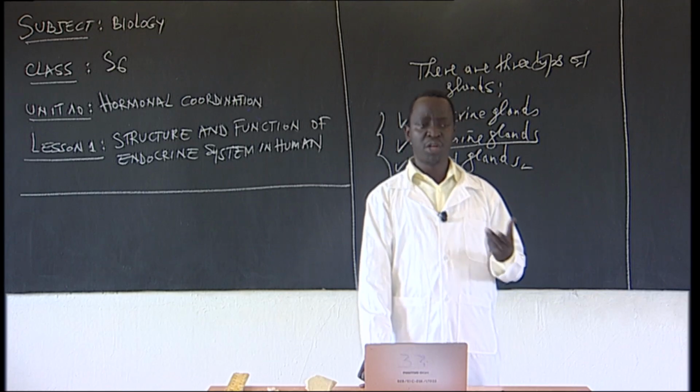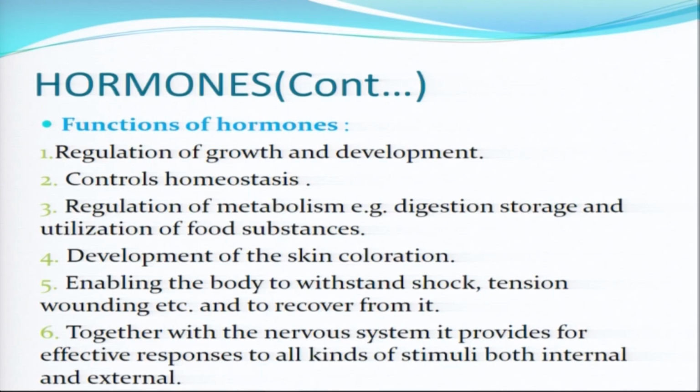Another function of the hormone is to enable the body to withstand shock, tension, wounding, or to recover from it. For example, if you have a wound, the hormone will play a role to do what? To recover that wound. Also, hormones provide the response to the stimulus.